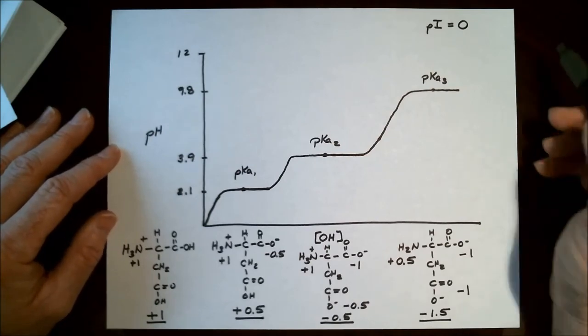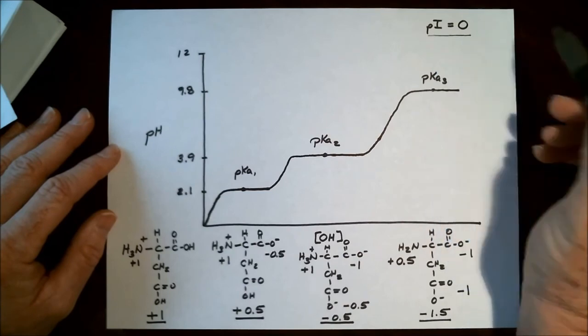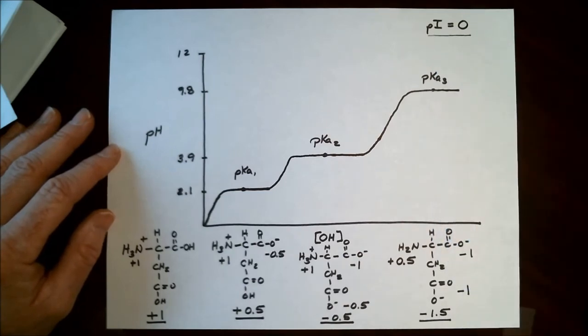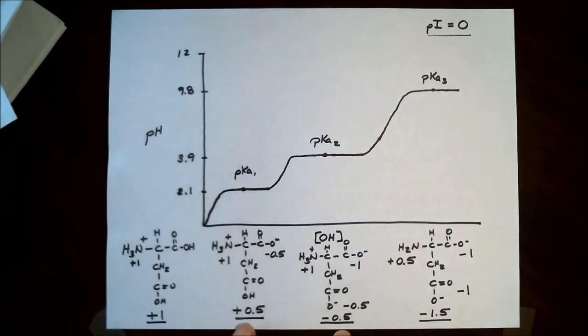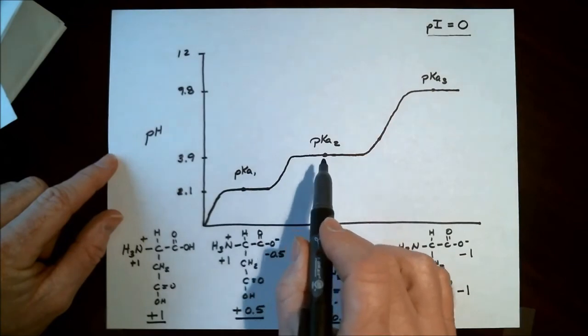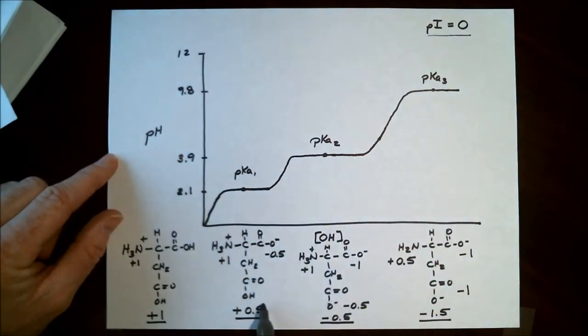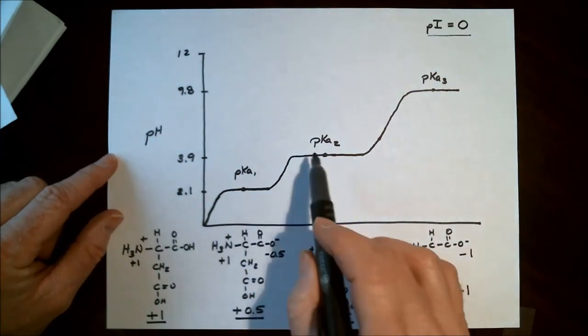Now our objective is to identify the isoelectric point where the net charge on the molecule is 0. If we look at these two pKa's of pKa1 and pKa2, we can see that we have a positive 0.5 charge at pKa1, a negative 0.5 charge at pKa2.